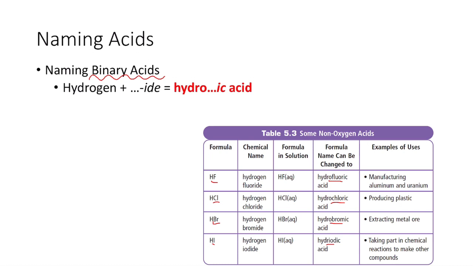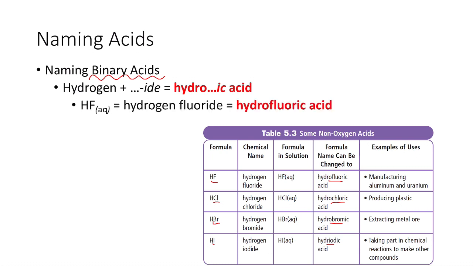The rule for this is hydrogen plus something that ends in IDE becomes hydro, and then drop the IDE, acid. So hydrogen plus a nonmetal, we drop the gen from hydrogen, and instead of the ending IDE, it becomes IC, and then we add the word acid.